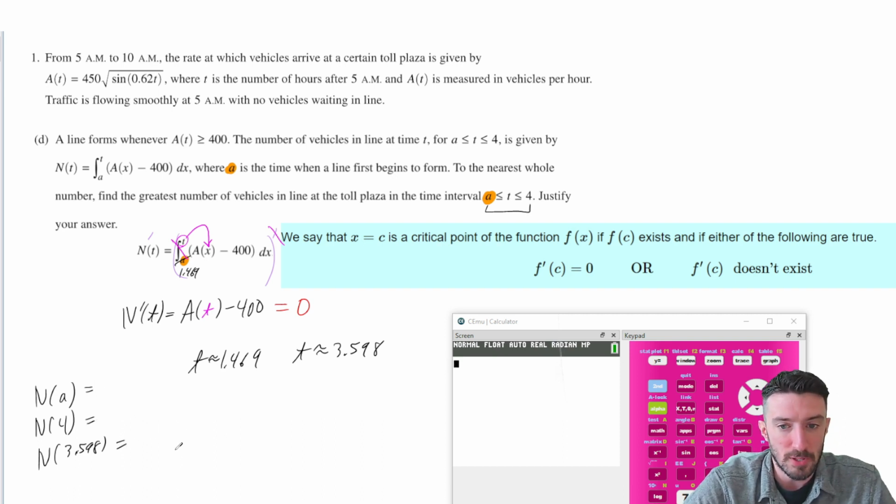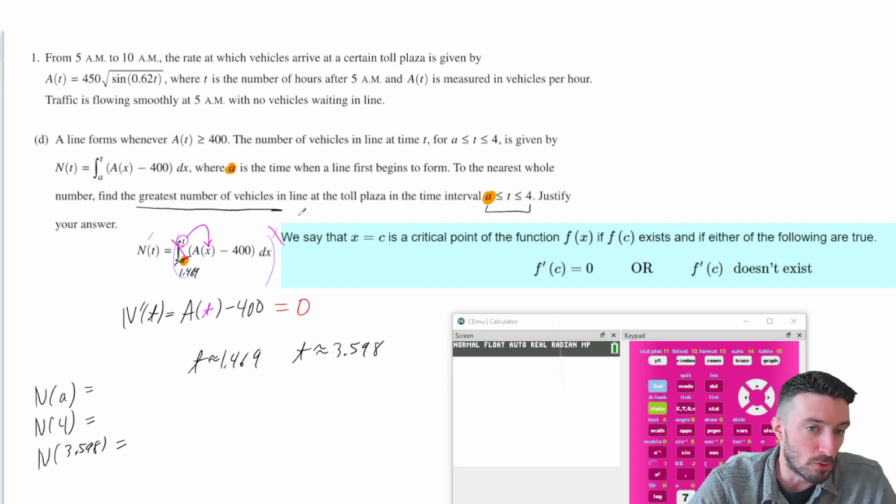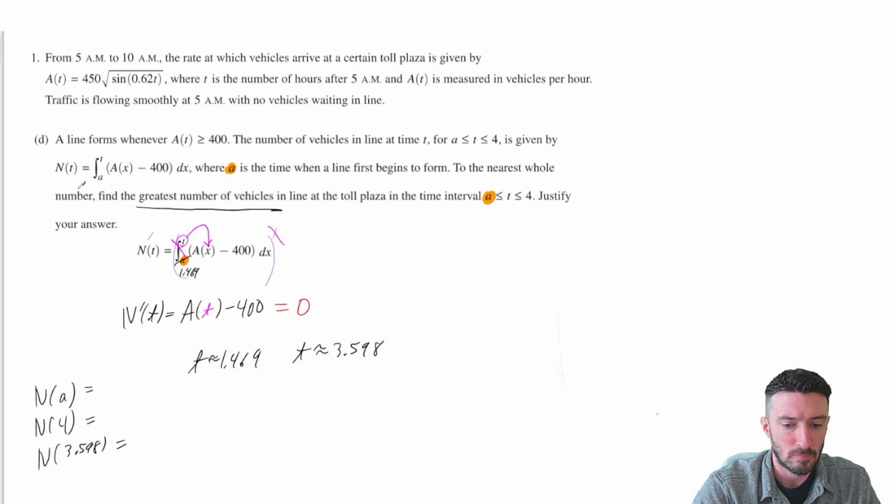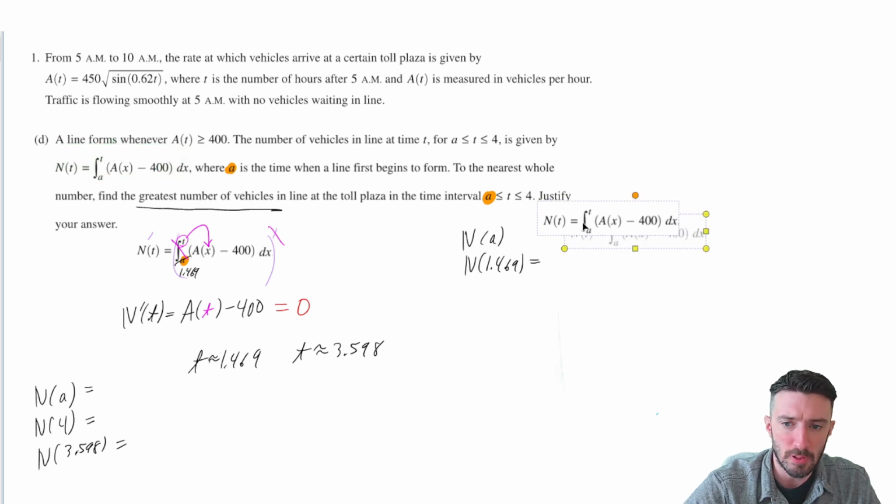And then whichever one comes out the biggest, that will be our max, or in this case, the greatest number of vehicles. So let's start with n of a, which remember is really 1.469. But that means we're going to need to go to n of t, and we're going to need to replace the t with 1.469.